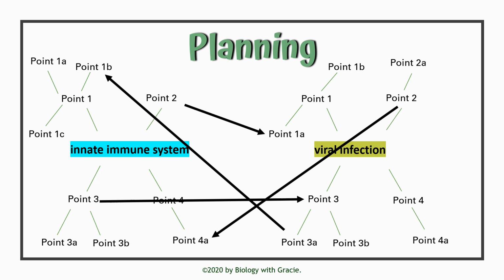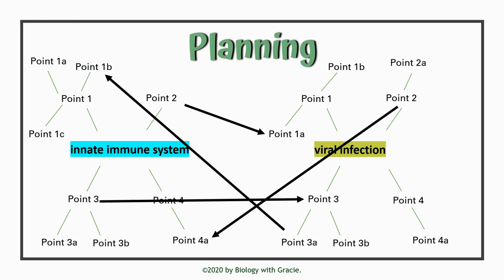Then after this, as you can see, I've got some arrows on here. So what you can start to do is start linking your points from your one key term to your other. For example, for the innate immune system with point 1, we were talking about dendritic cells. Let's say point 1B was the way that dendritic cells tackle viral infection.